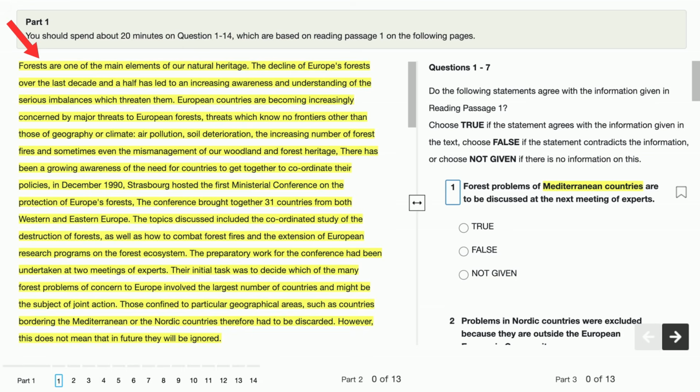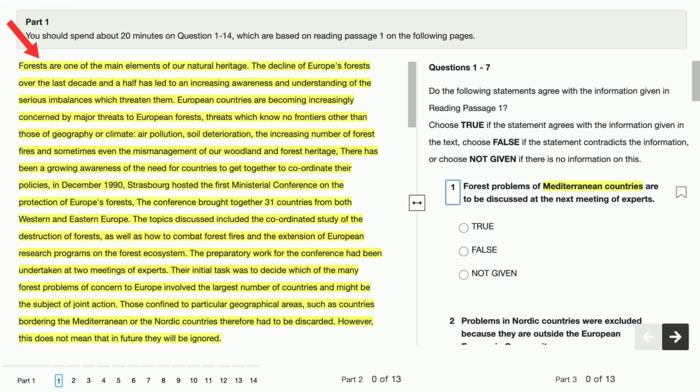Air pollution, soil deterioration, the increasing number of forest fires, and sometimes even the mismanagement of our woodland and forest heritage. There has been a growing awareness of the need for countries to get together to coordinate their policies. In December 1990, Strasbourg hosted the first ministerial conference on the protection of Europe's forests. The conference brought together 31 countries from both Western and Eastern Europe.